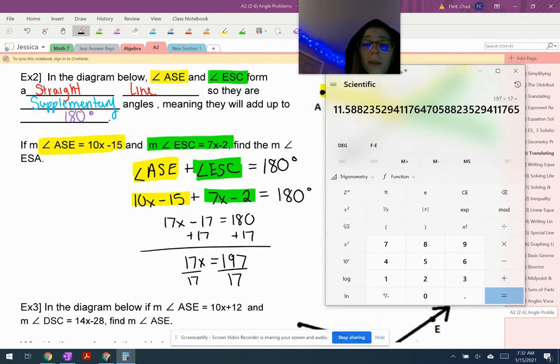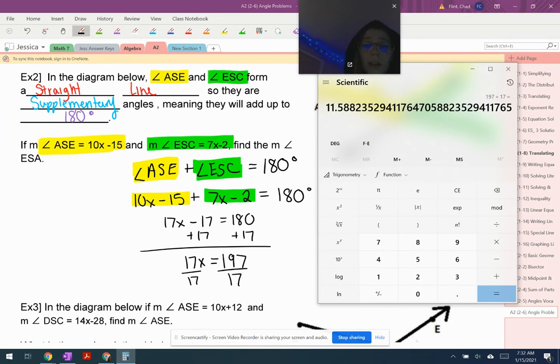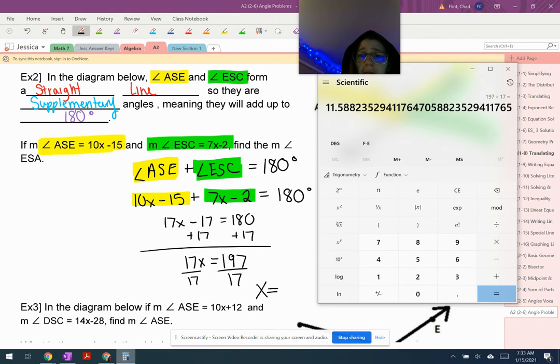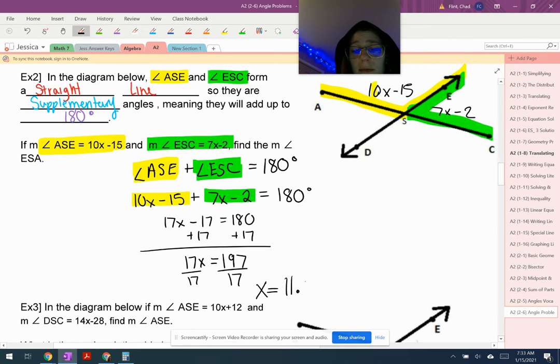That doesn't seem like a nice normal answer. Let me think here. I might have made a mistake. 197 divided by 17 isn't a nice normal number, so we are going to do x equals, we'll just round that to 11.6 then. We just rounded, no big deal.